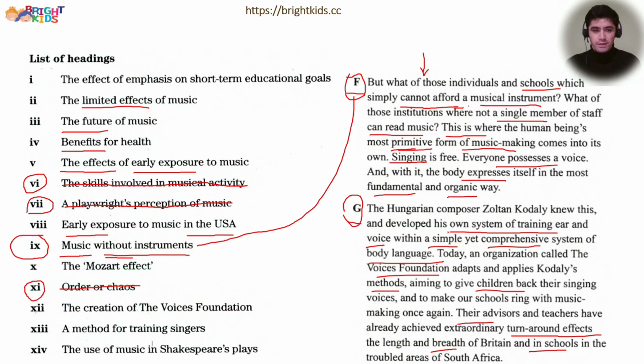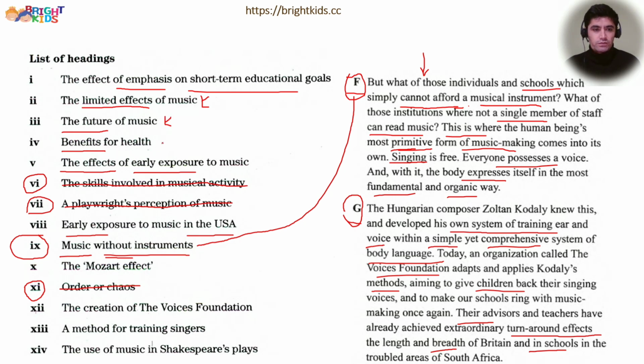Okay, now let's compare this information with the headings here. The effect of emphasis on short-term educational goals. Still, there's no information in the paragraph about short-term educational goals. The limited effects of music. I didn't read anything about the limited effects. Future of music.